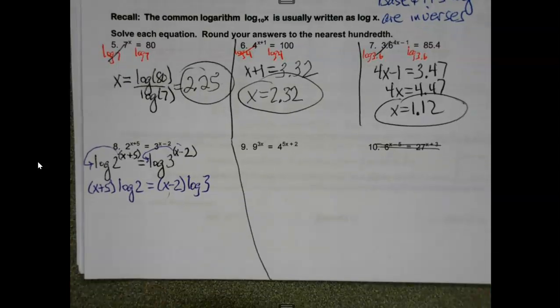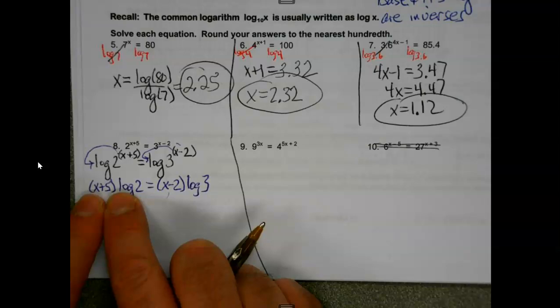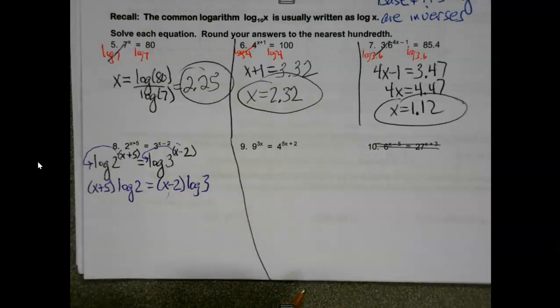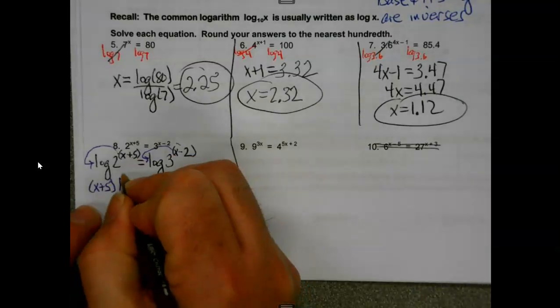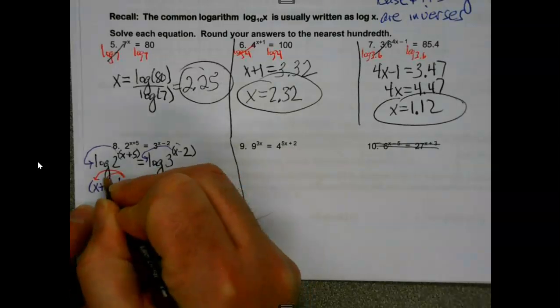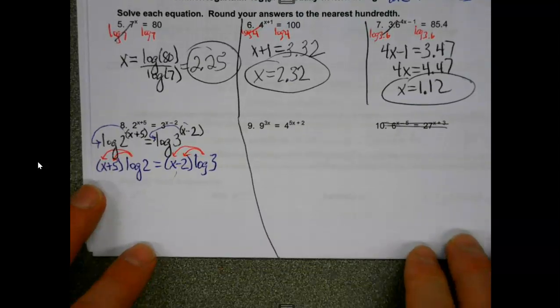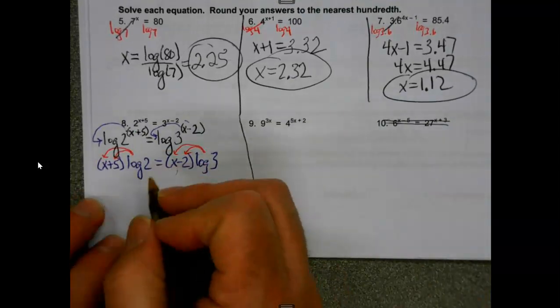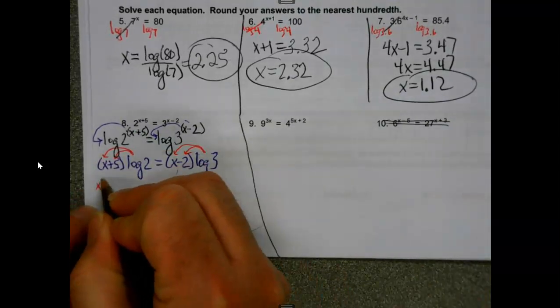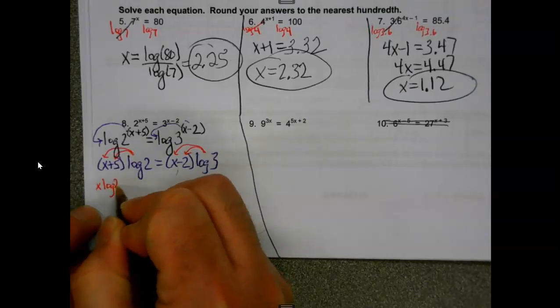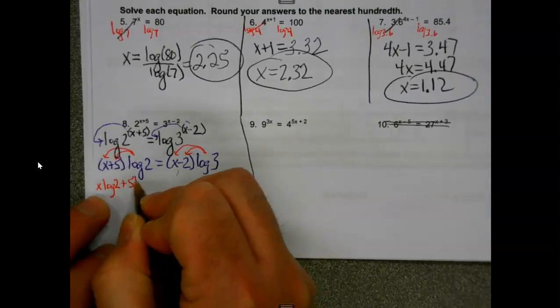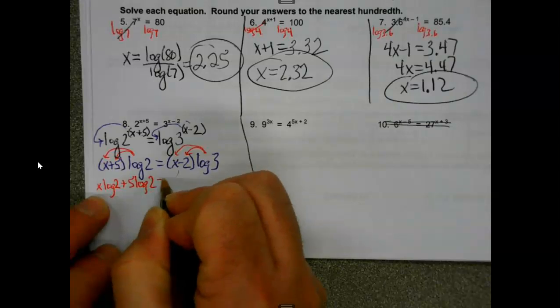So here's what we got to do next. We have got to start working on getting rid of these parentheses. Well, right now, I can't do that yet. So, in order to make this a possibility, we're going to do a little distributing. So I said, we're going to write small, but it's going to come together quickly. So we're going to have x times the log of 2 plus 5 times the log of 2.